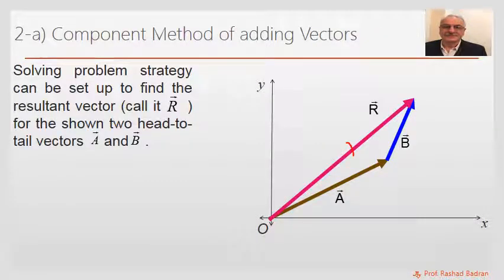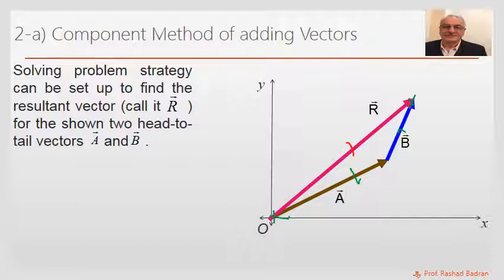Finding the resultant of two head-to-tail vectors A and B can be done geometrically by drawing a line from the tail of the first vector up to the head of the second vector, where the magnitude of the resultant can be obtained by using a ruler and measuring the length of this vector.